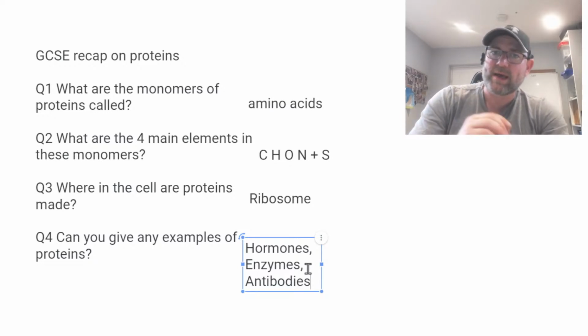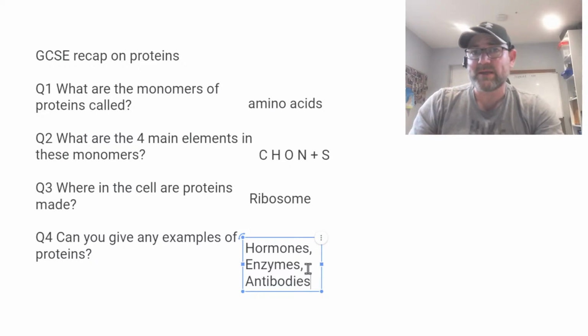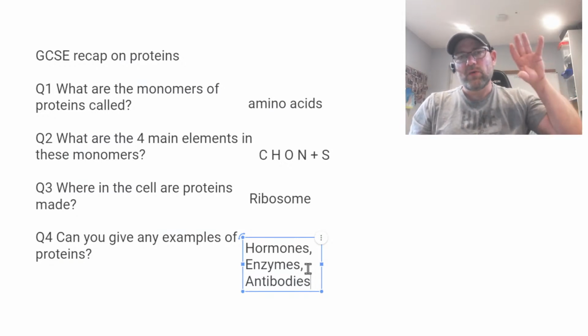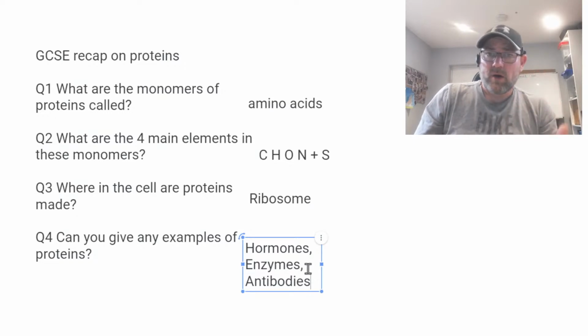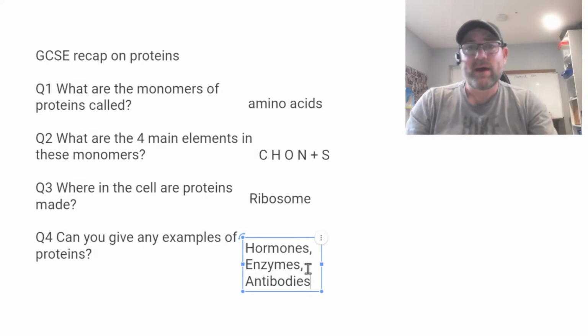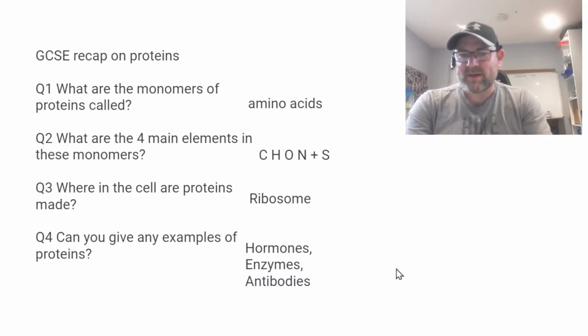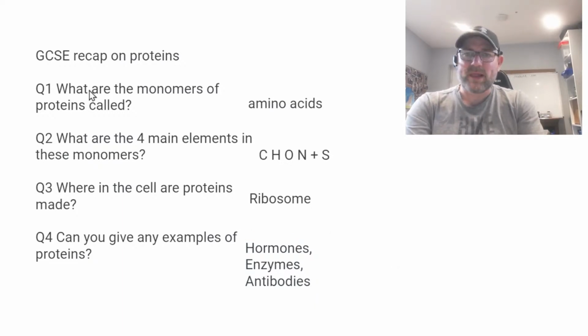B plasma cells produce antibodies that lock on to the antigen that's also made of protein found on the cell membrane of pathogens and help destroy them. And yeah, we'll leave it at that. So there's some examples of proteins. There's plenty of other proteins you can give examples of.